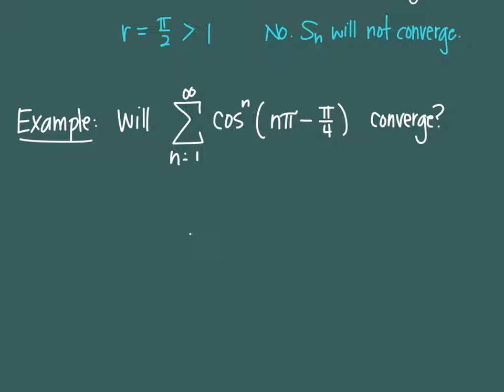Now, it is not obvious, at least not to me, what the multiplier is here. So for me, I need to do a couple of these terms so that I can get a sense of what the multiplier is.